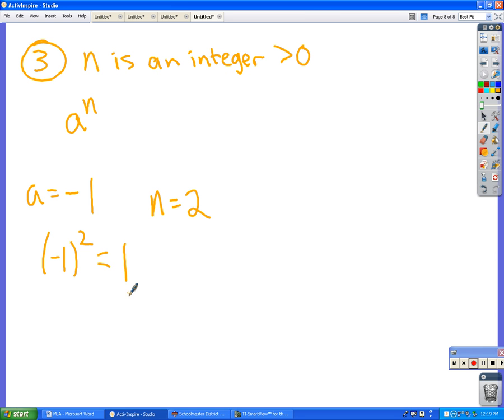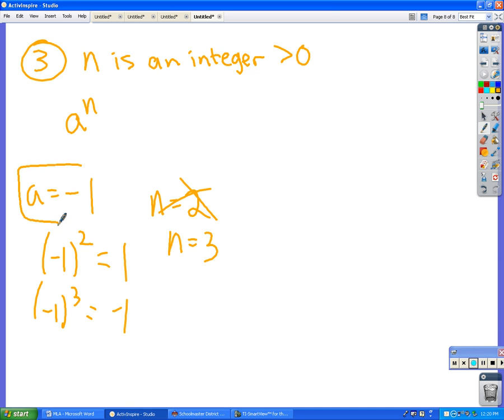No. So if a is negative and n is even, because a negative times a negative is a positive, that means the answer is going to come out to be a positive number. What if n is 3? What's negative 1 to the third power? Negative 1. So two things have to be true here.